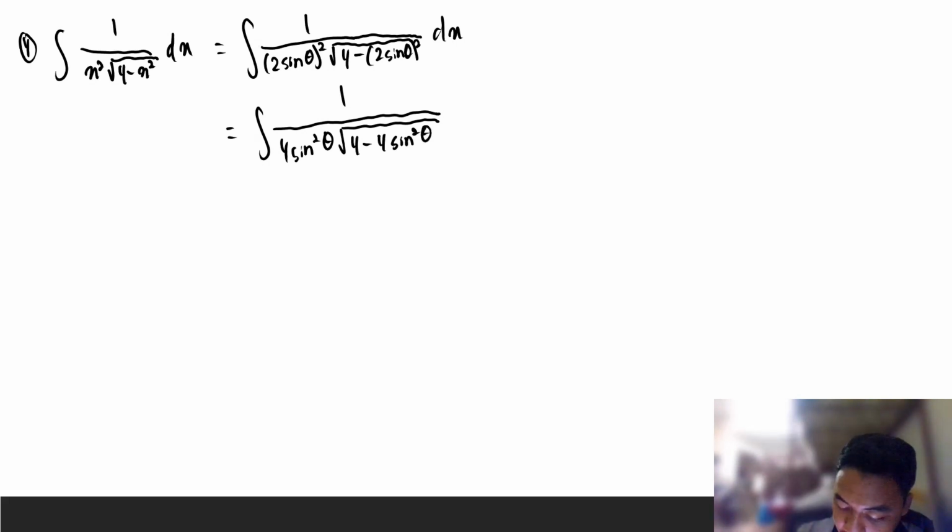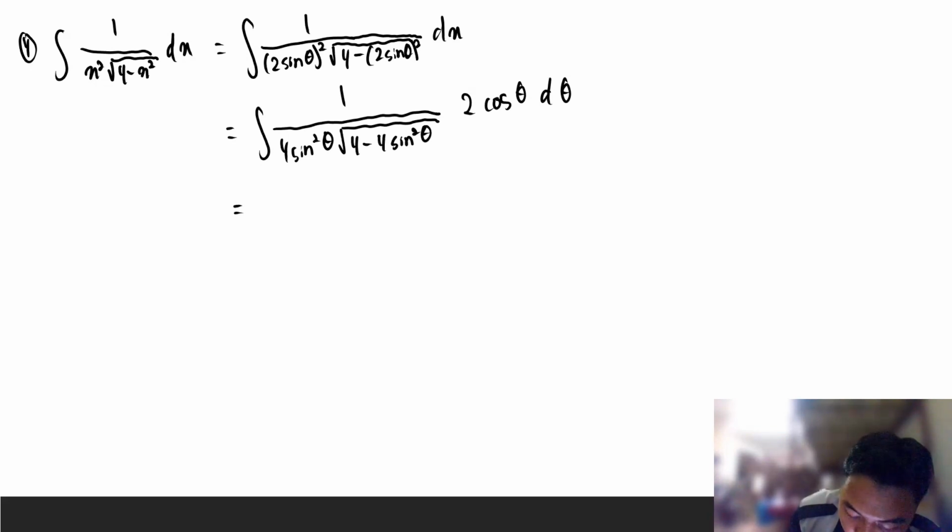As for the dx, we substitute with the value that we got from the differentiation of the trigonometric equation, so it will be 2 cos theta d theta.